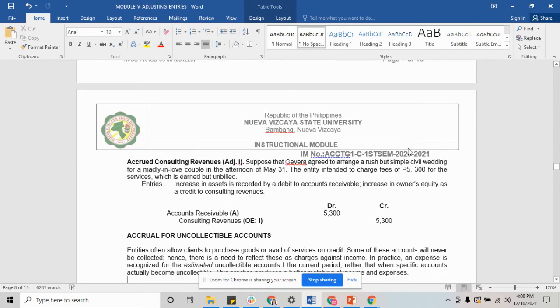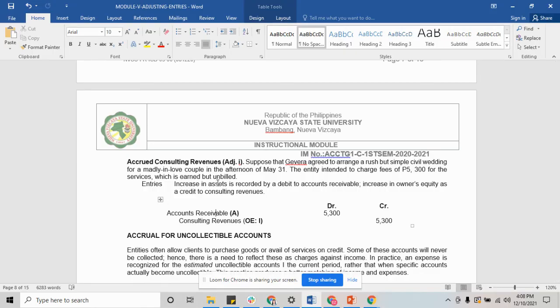So let's give an example. Suppose that Rivera agreed to arrange a rush but simple civil wedding for a madly in love couple in the afternoon of May 31. The entity intended to charge fees of 5,300 for the services which is earned but unbilled. Paano mo siya i-record?